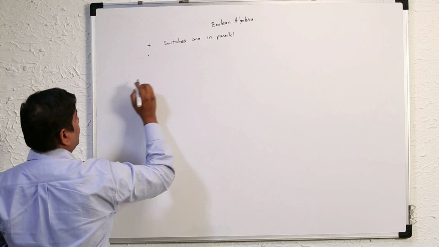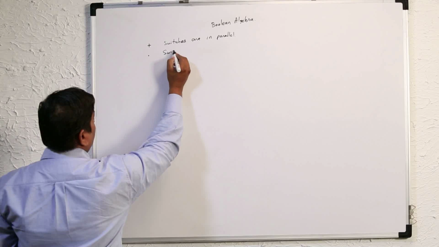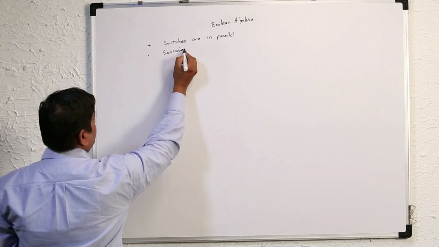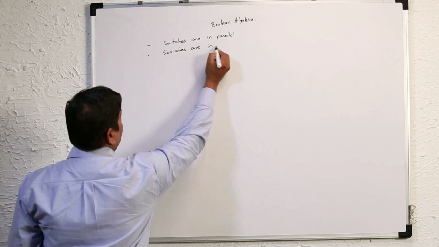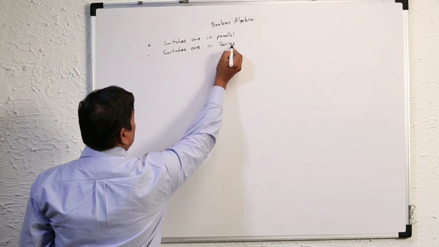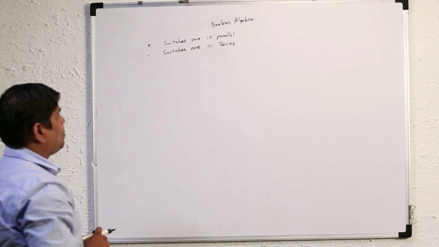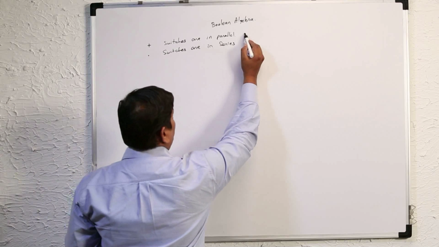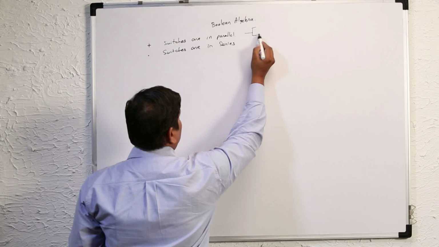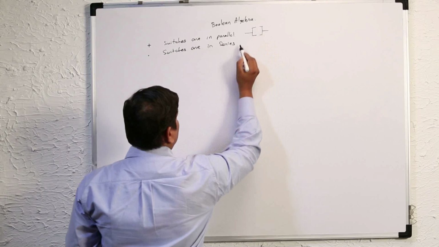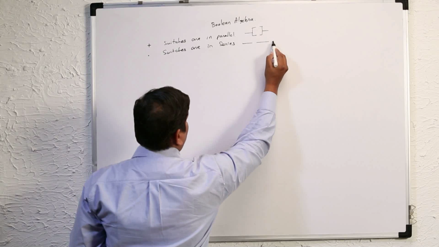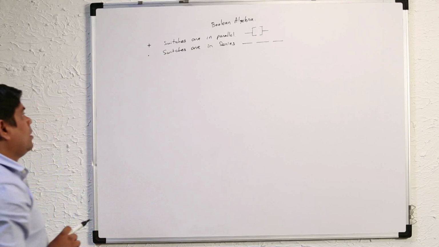Dot means switches are in series. For parallel circuit, I hope all of you know that parallel circuit means this. Series circuit means this.